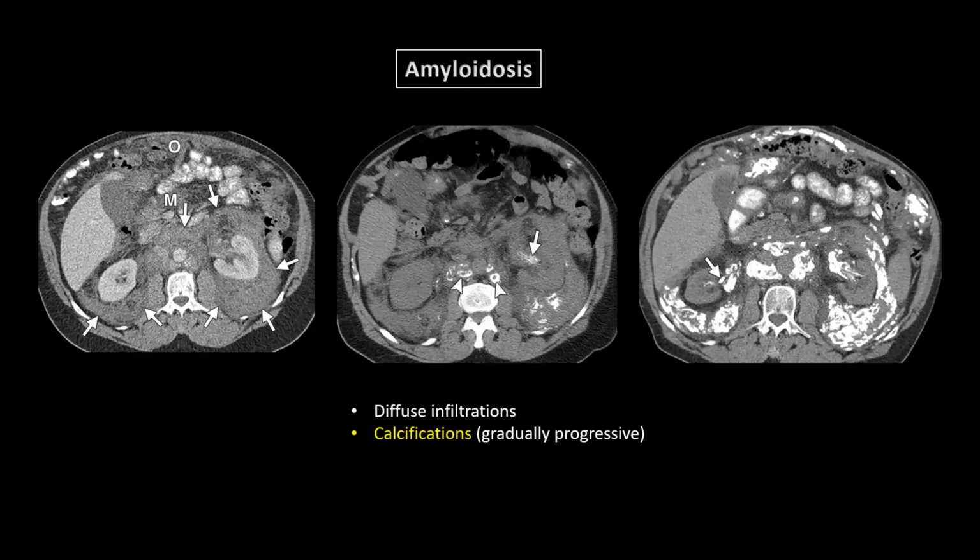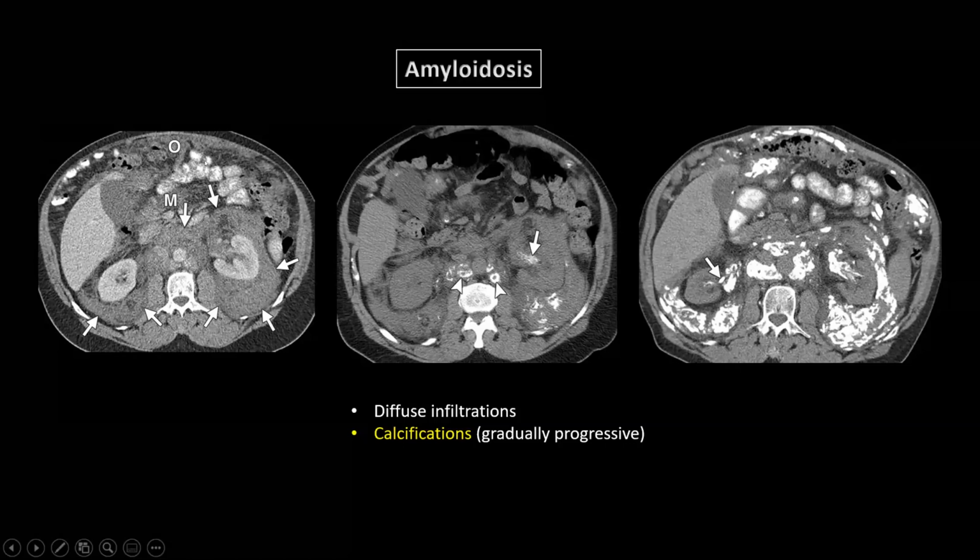Okay, so another additional differential diagnosis of perinephric soft tissue lesions is amyloidosis. Amyloidosis is a deposition disease, and it can be primary or secondary to other diseases like autoimmune diseases or lymphoma. So in this patient, at his initial presentation, there were soft tissue lesions infiltrating the perinephric areas and the retroperitoneum, mesentery, and omentum.